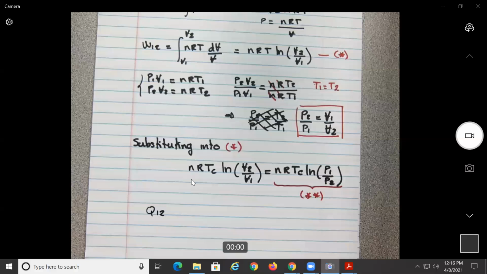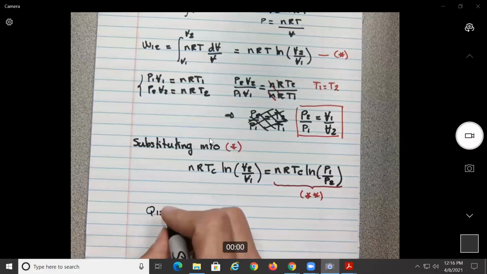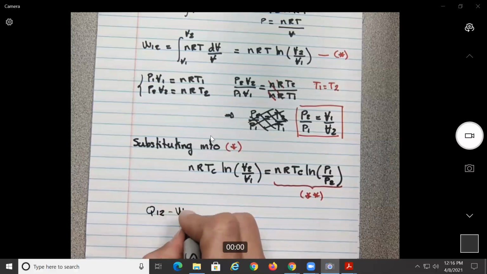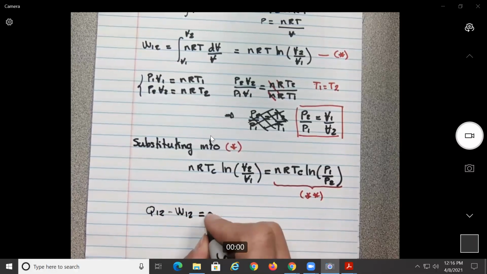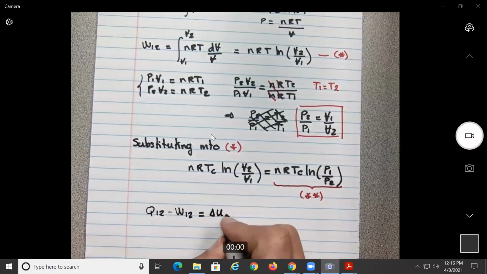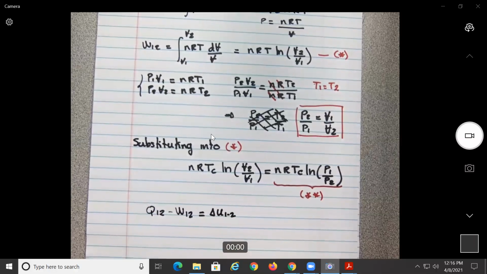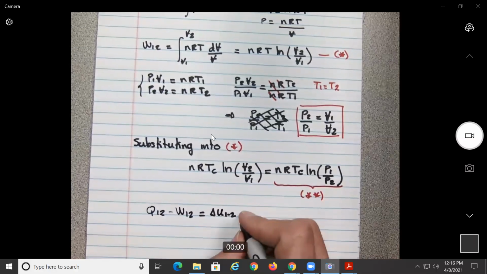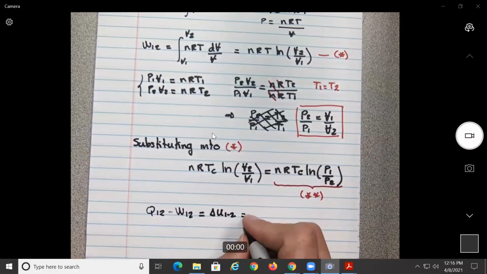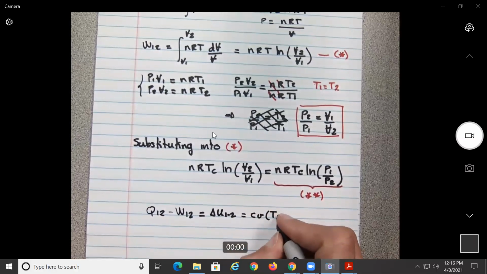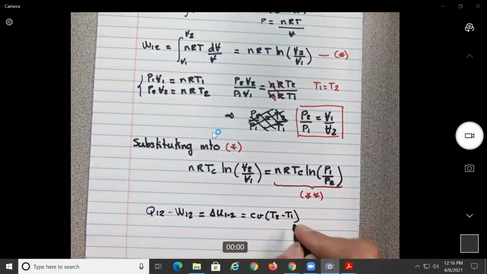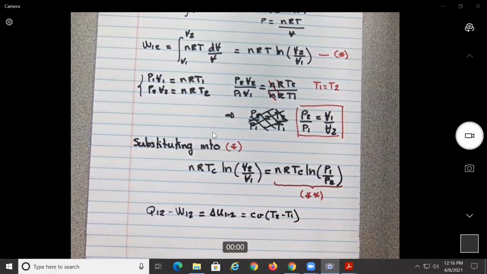So in addition, if we apply the first principle of thermodynamics, we have Q12 minus work 12 should be equal to the change in internal energy between 1 and 2. We know that for an ideal gas, this is equivalent to Cv (T2 minus T1).